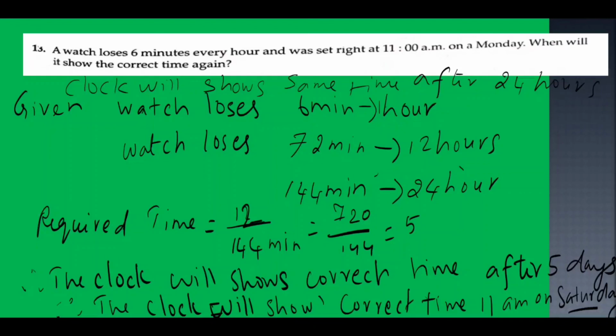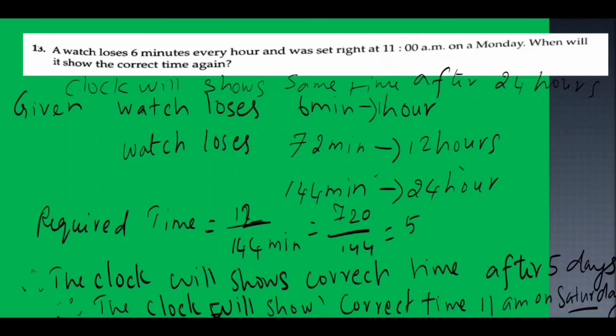Given the watch loses 6 minutes in 1 hour. When that is converted into 12 hours, it loses 72 minutes. When that is converted into 24 hours, it loses 144 minutes.